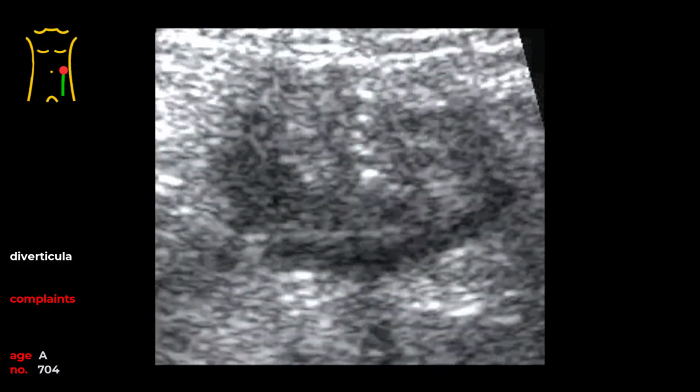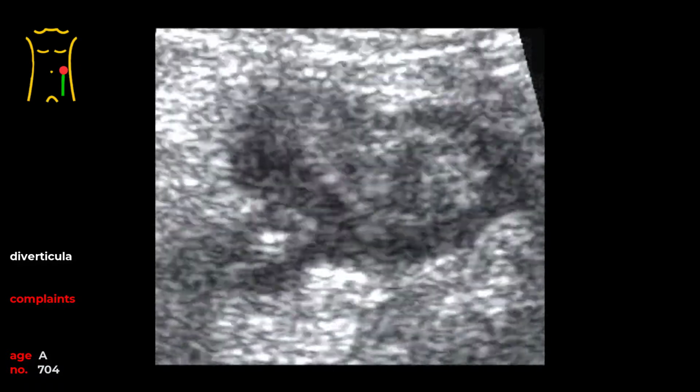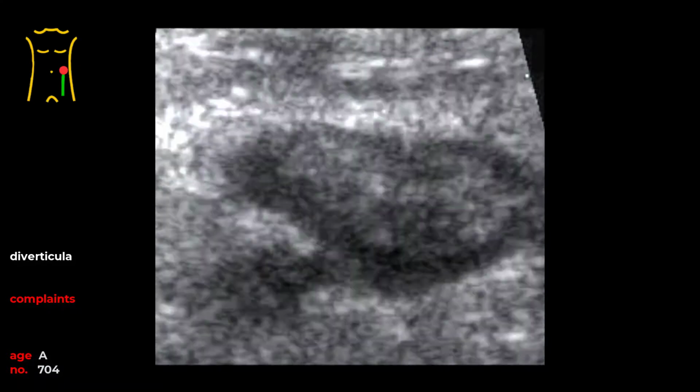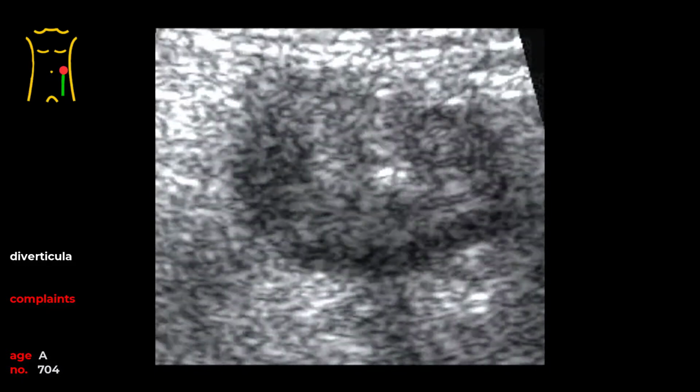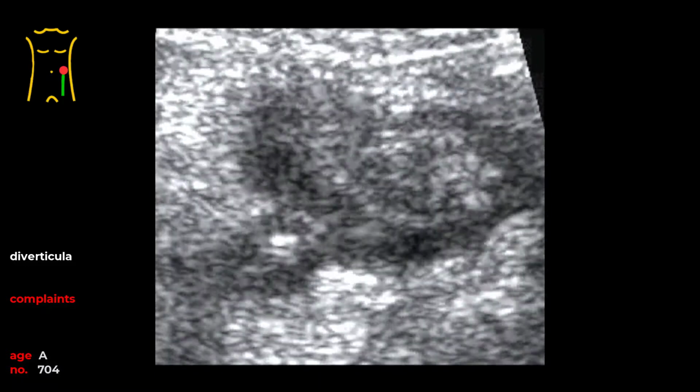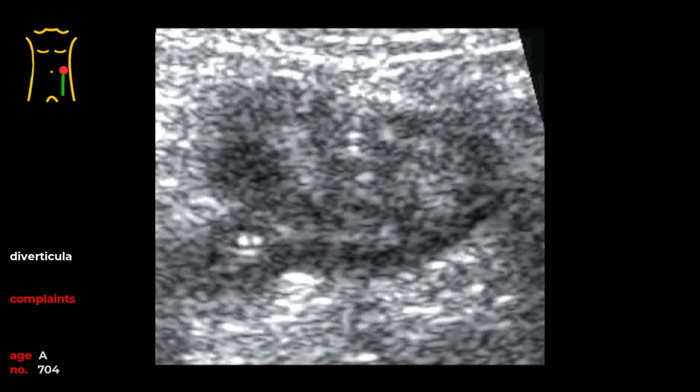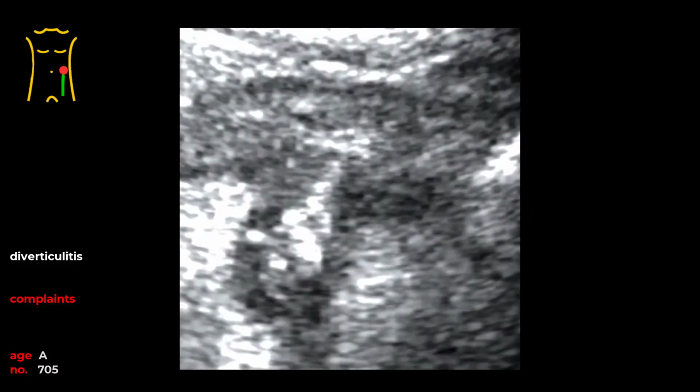In 704, you find the typical local pain and inflammation signs of the diverticulitis in the colon descendens. Note the palpation. And 705 shows another typical inflammation in the sensory diverticulitis.